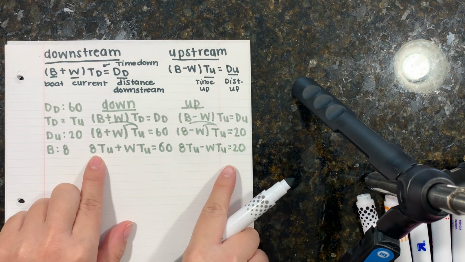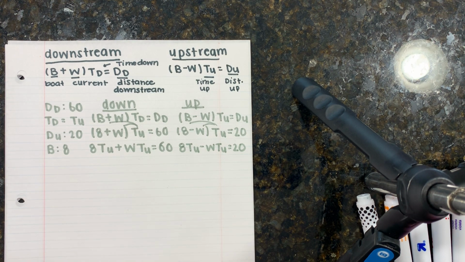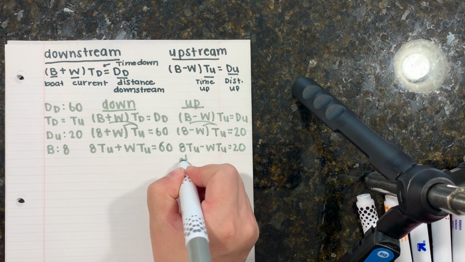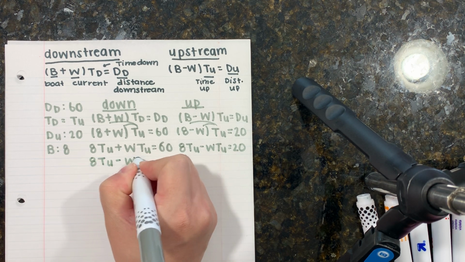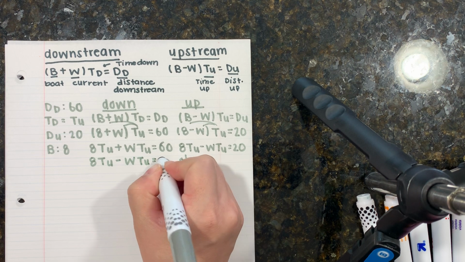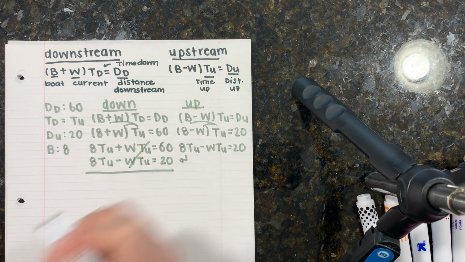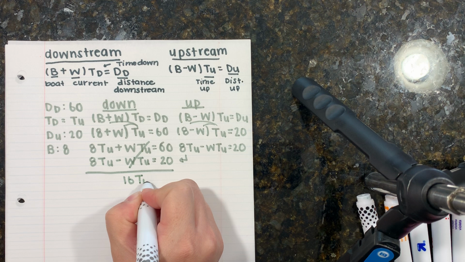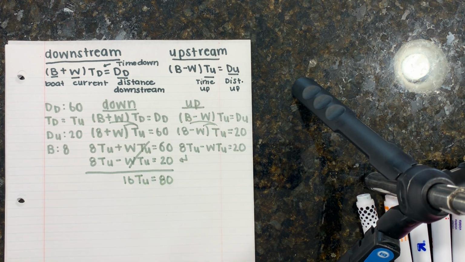Now, if you look at these two equations, one of them has positive WTU and one of them has negative WTU. So I'm gonna add these two equations together. I'm gonna bring this one over to the left-hand side. That would be 8TU minus WTU equals 20. Now when I add it together, the WTUs are gonna cancel and I'm left with 16TU is equal to 80.